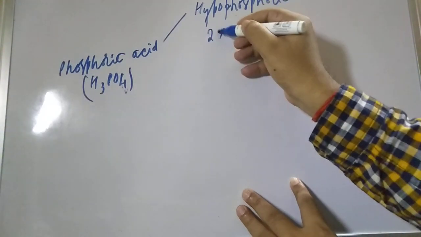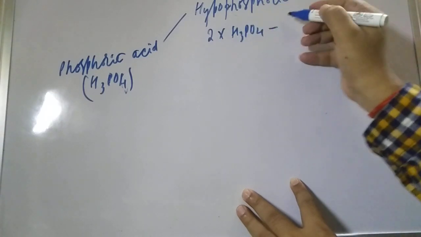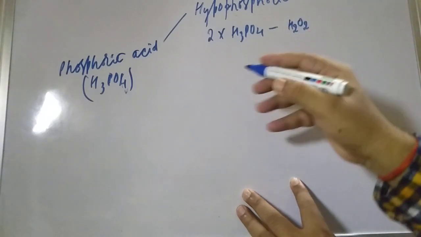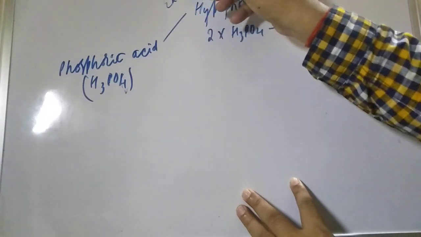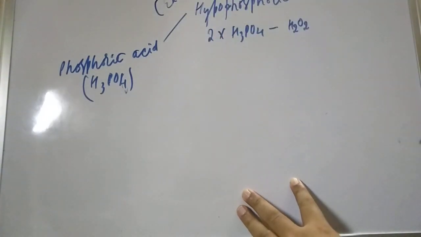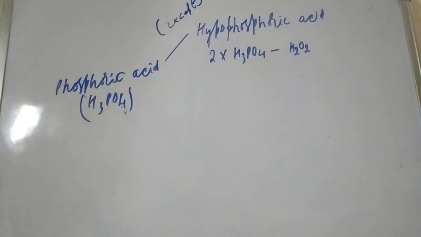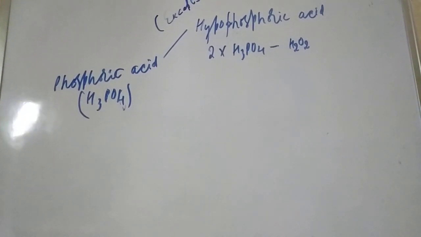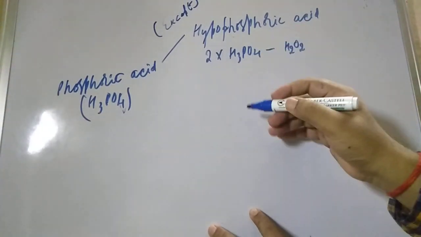2 into H3PO4 minus H2O2, hydrogen peroxide, if you are removing it. This is an exceptional case that we have to keep in mind. From 2 molecules of phosphoric acid, if you are removing H2O2, the compound formed is hypophosphoric acid.